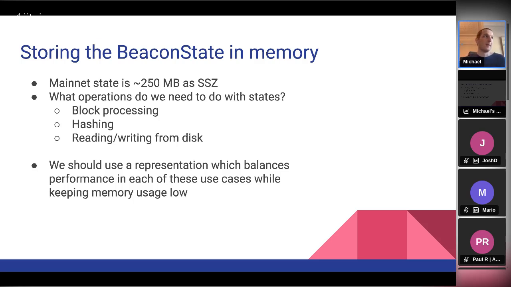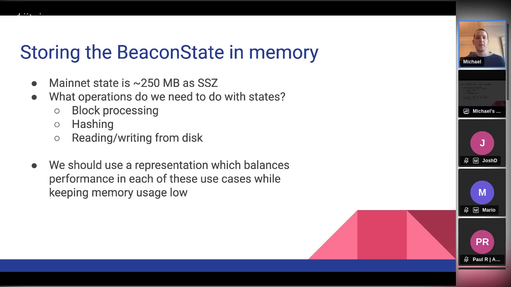This is the act of getting a new block from the network, maybe via gossip or RPC, and then having to process that block by loading its parent block and the state for the parent block, and then processing the block on top of that state to get a new state. So you have the old state, you get a block, you get the new state, and that's the consensus state transition. So that's an important thing that we have to do.